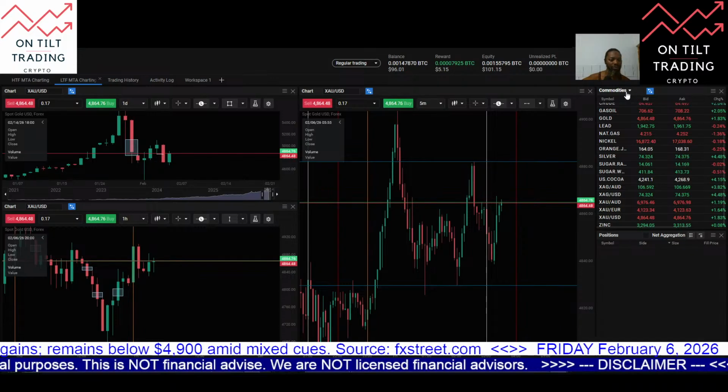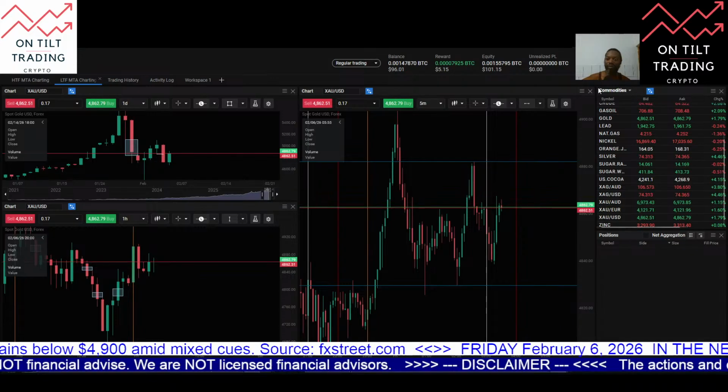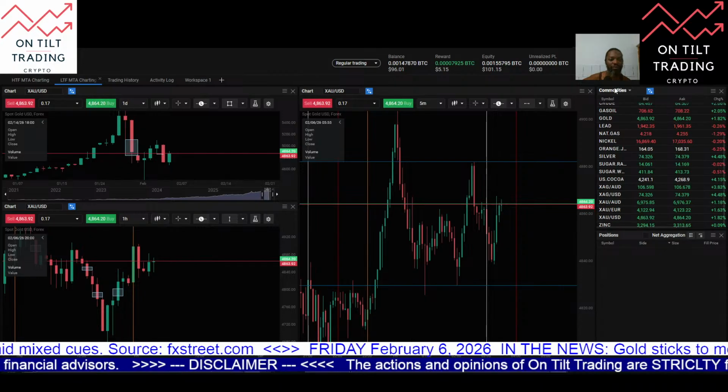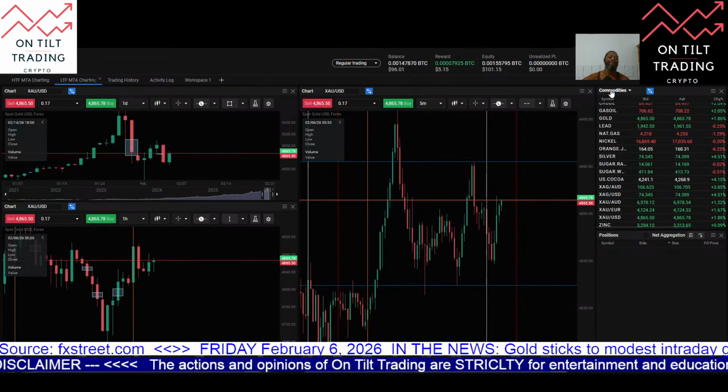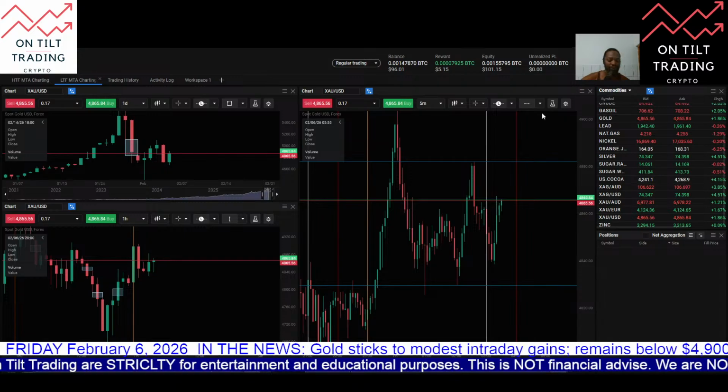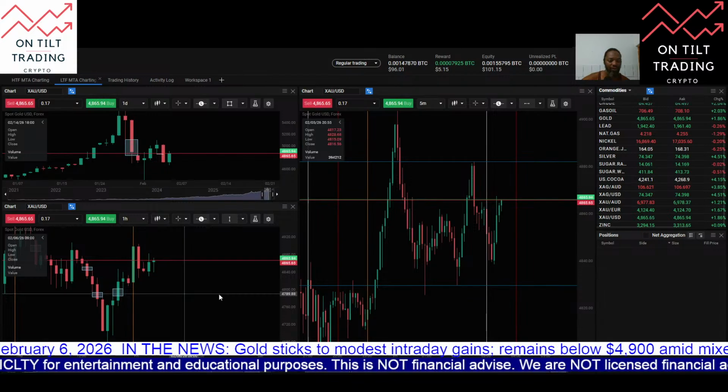The market structure on the 1 hour chart, or at least the most recent structure here on the 1 hour chart, is bullish here across all the markets.